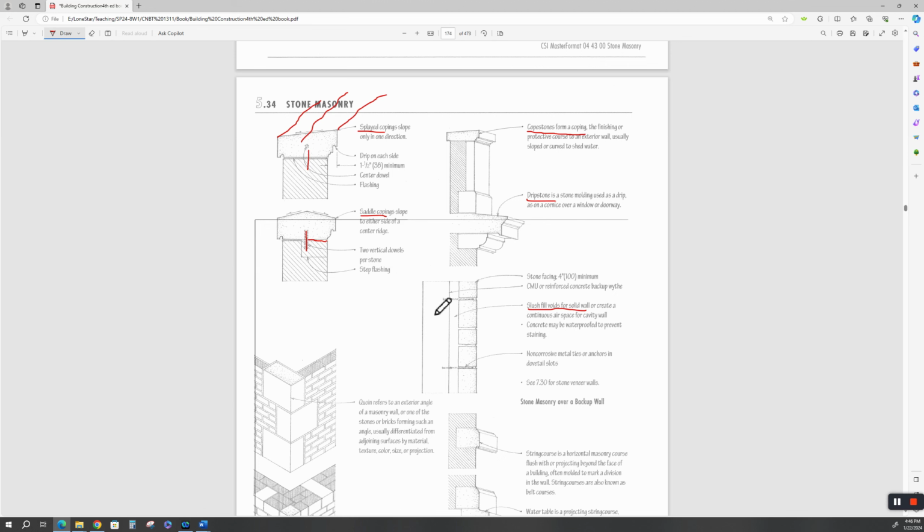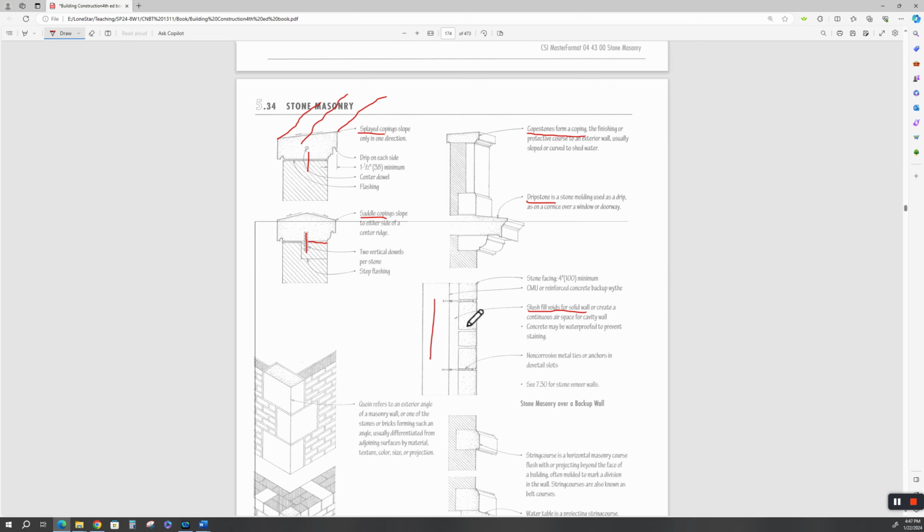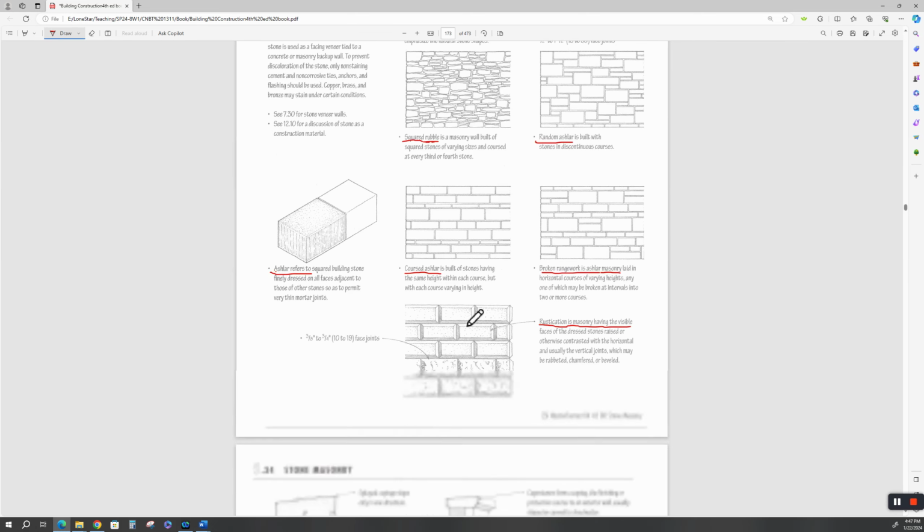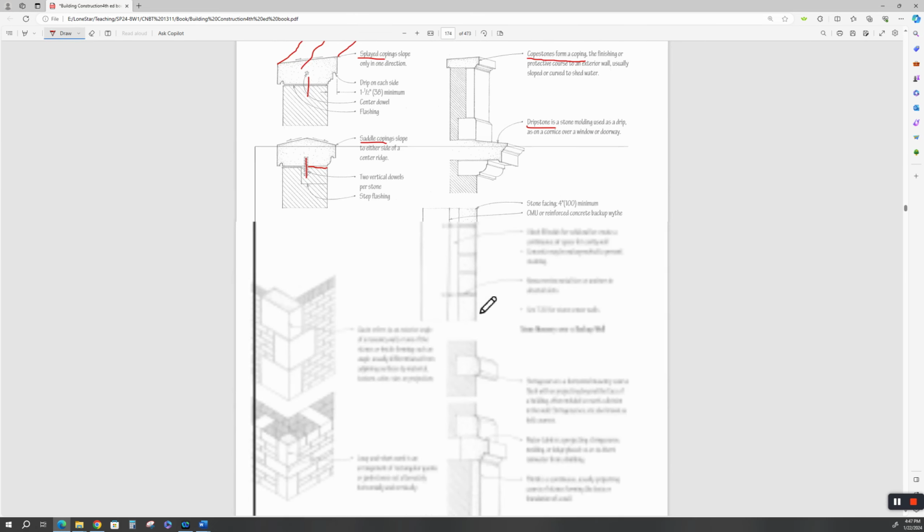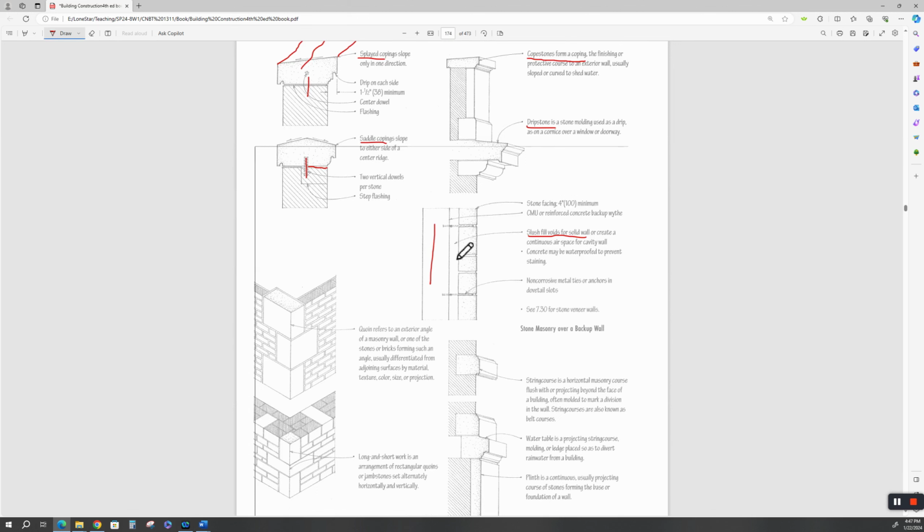The CMU would be reinforced, and then your stone, if you use these patterns up here because you wanted to, you'd have to reinforce it back to your CMUs. And the smart thing to do would be to not have a cavity wall, but to have some kind of bonding agent filled up as you're bringing up your coursework. That'll make it all work as one unitized unit.